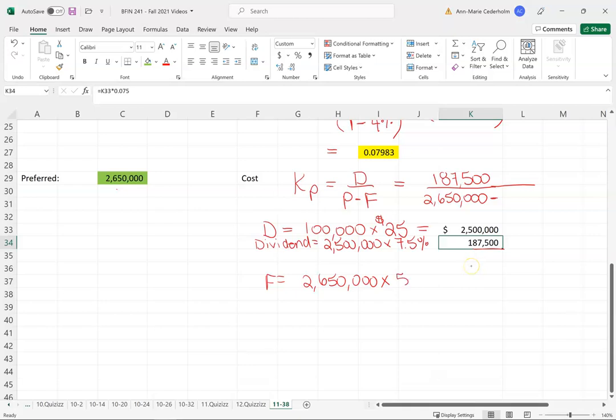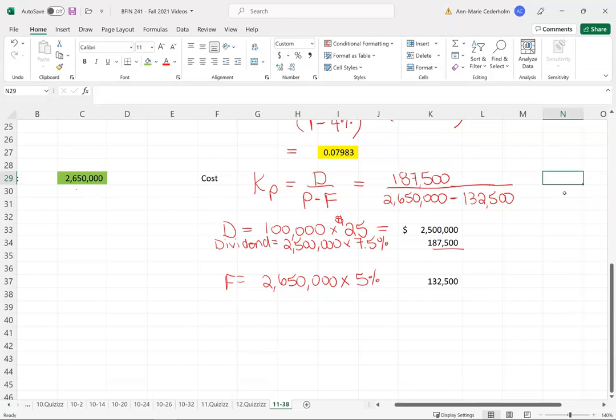So I'll do 5%. So the flotation cost ends up being 132,500.